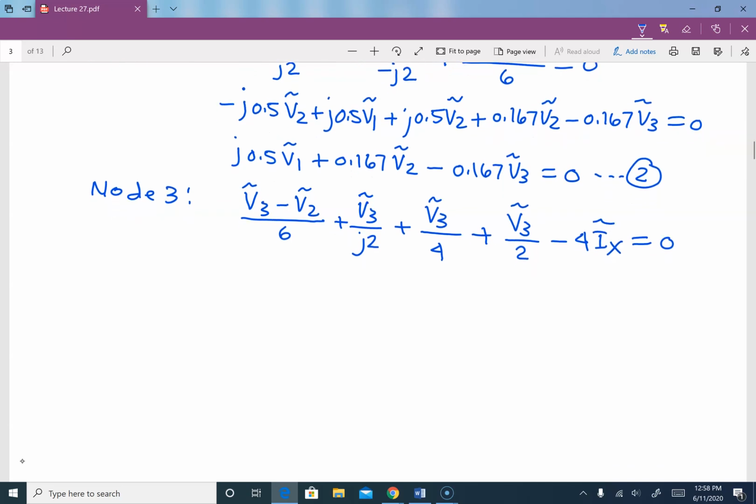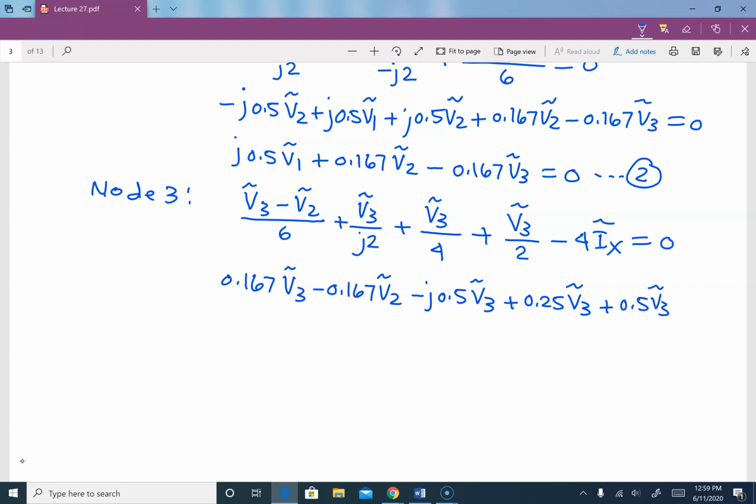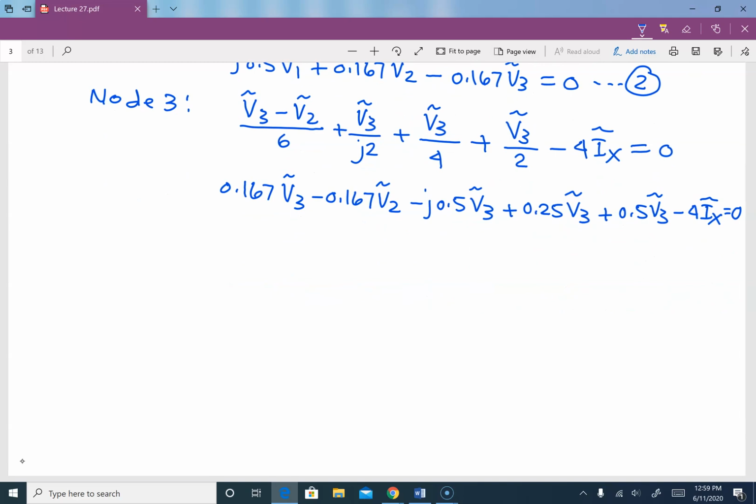So when we divide each term by its denominator, we are going to get 0.167 V3 minus 0.167 V2 minus J0.5 V3 plus 0.25 V3 plus 0.5 V3 minus 4Ix is equal to 0. Now we will collect the terms.